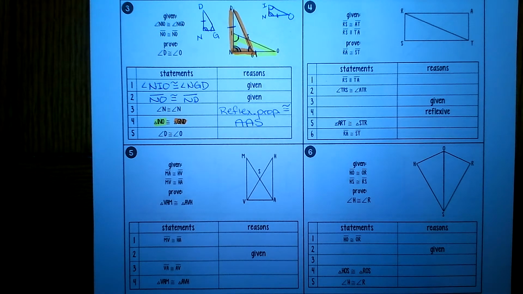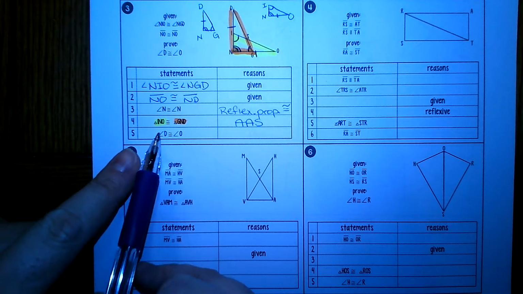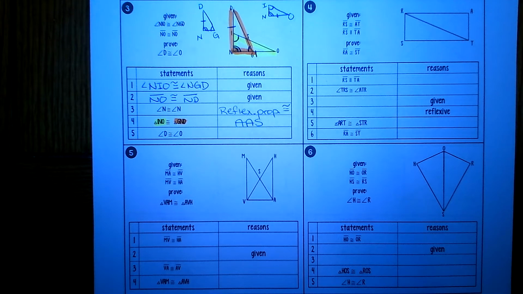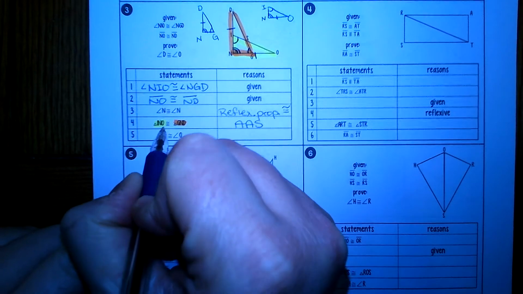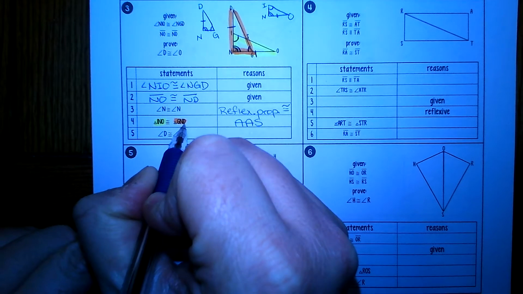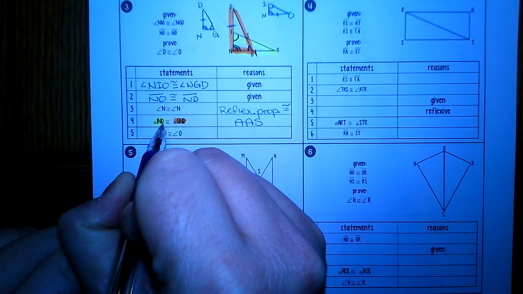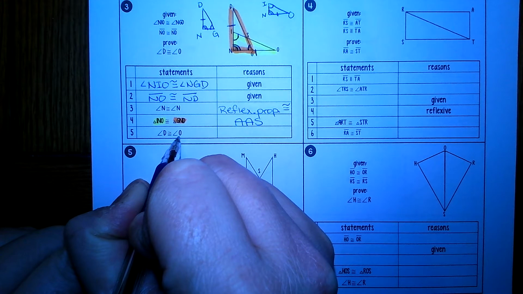Now, after we know that the two triangles are congruent, we can discern that every single matchup, every single corresponding part of the triangle has a match that's congruent. So I'm looking here in the congruent statement. I see angle D in the third position, and I see angle O in the third position.